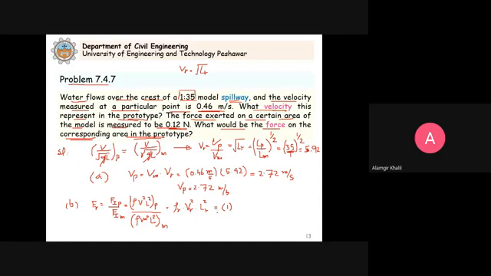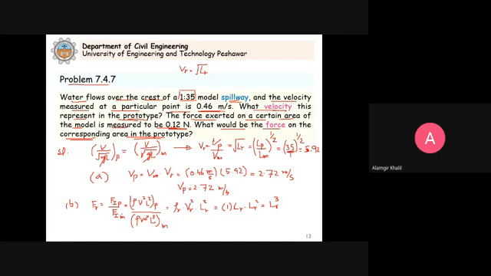So that's why this VR square will be equal to LR. And then you have LR square. So this is actually equal to LR cube. So it means that the force scale ratio is equal to LR cube.